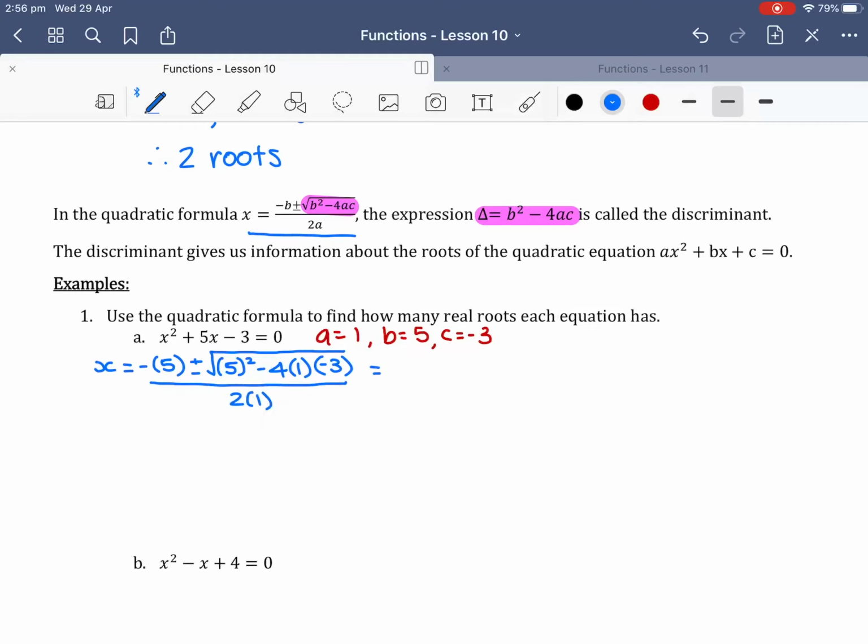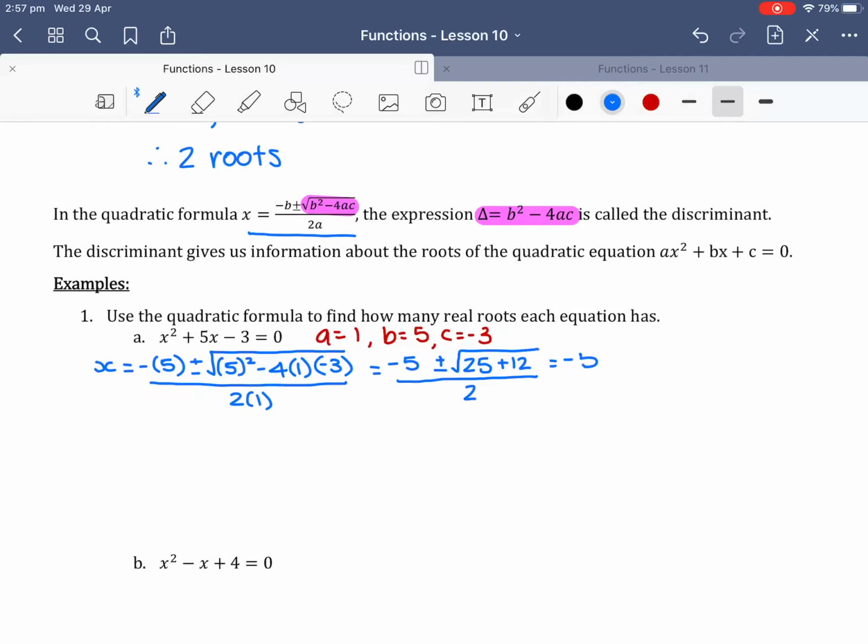When we solve that, we have x equals minus 5 plus or minus the square root of 5 squared, which is 25, and then minus 4 times 1 times minus 3 is plus 12, all over 2 times 1, which is just 2.